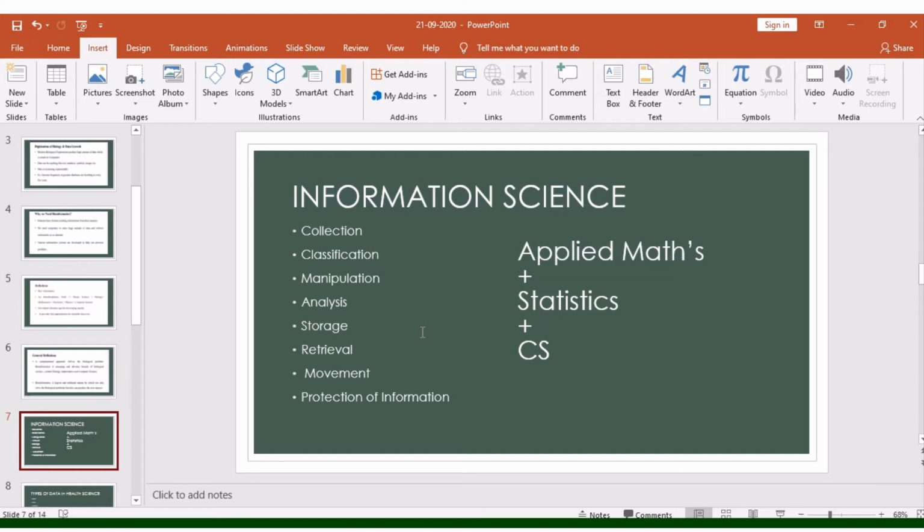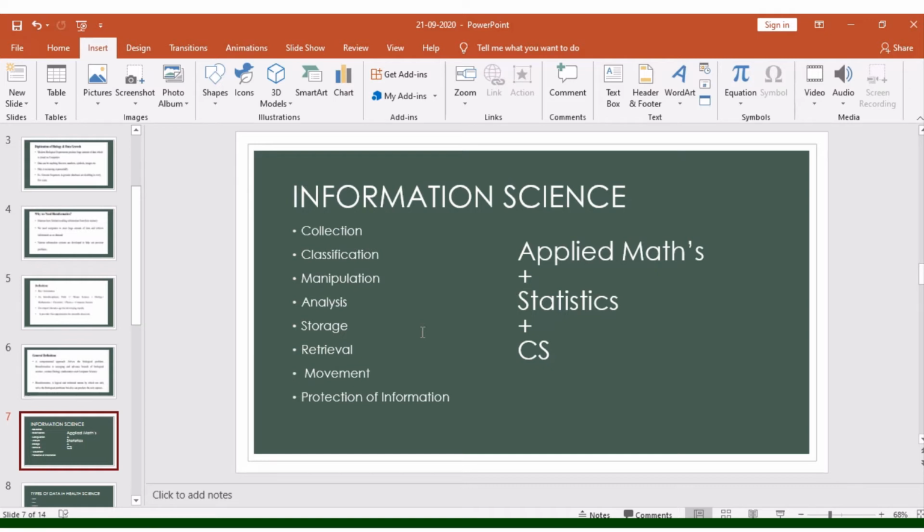There are three major types of information storage: business information, geo information, that is geographical information, and health information. This storage of information involves a combination of applied mathematics, statistics and computer science.